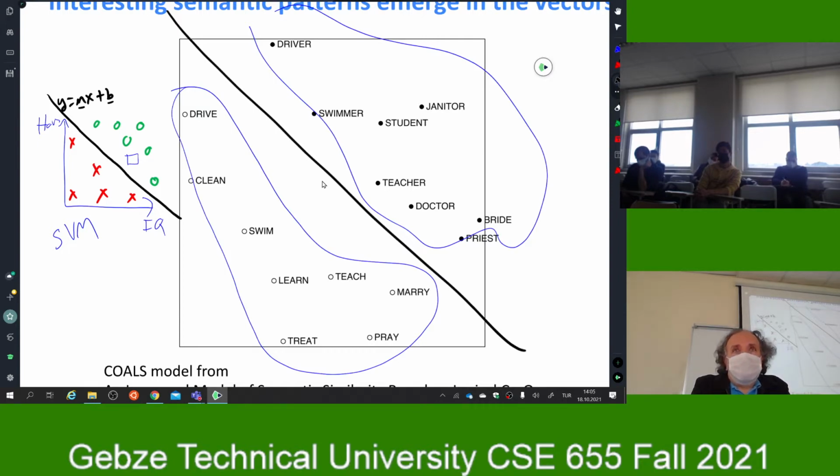Because I have never assigned any vectors to any of these, right? The real reason why we are using these word vectors is to be able to use these kinds of machine learning models on our data.